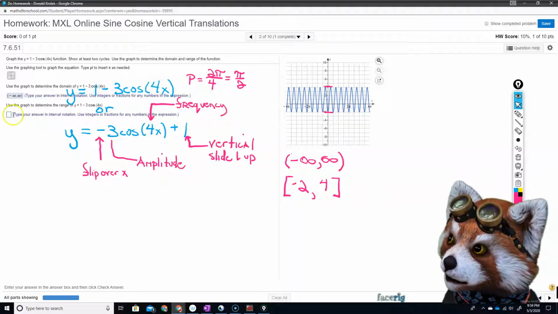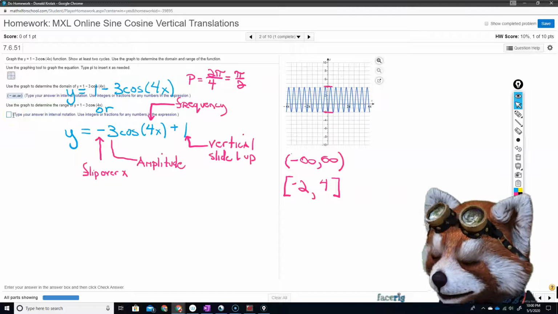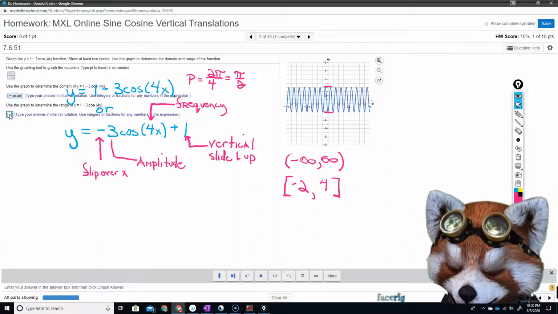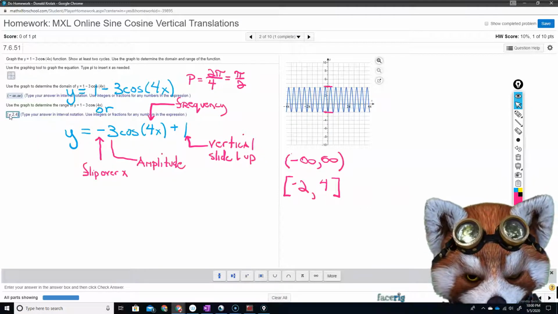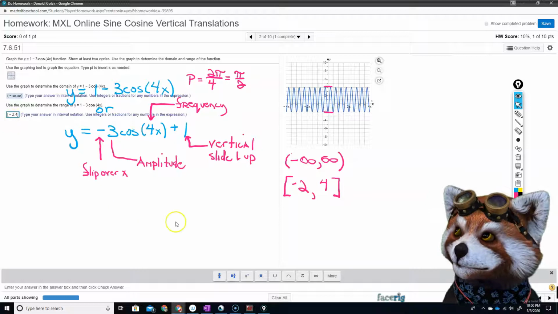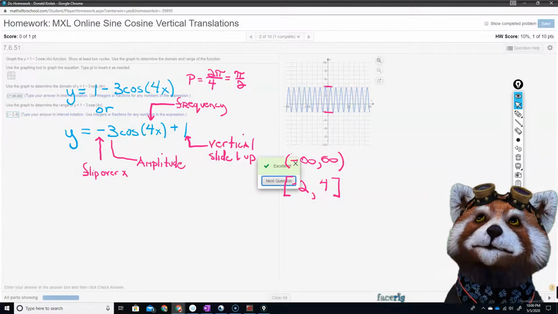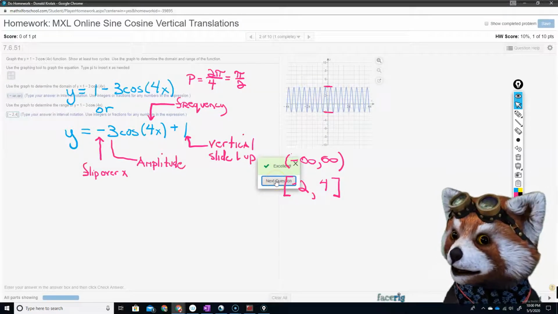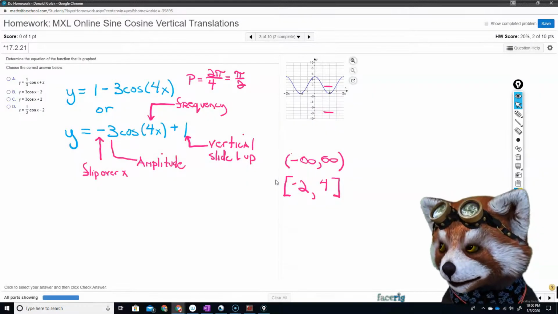Okay, and then our range is bracket, negative 2, comma 4. Close the bracket. And that's how you graph vertical translation. It's either sliding the midline up or it's sliding the midline down.